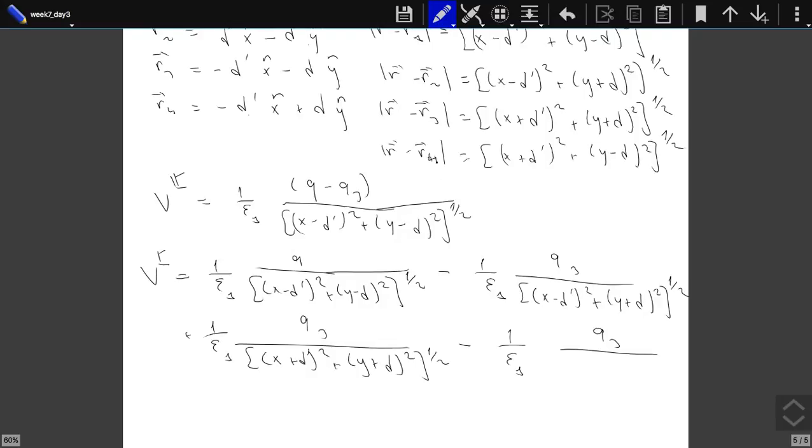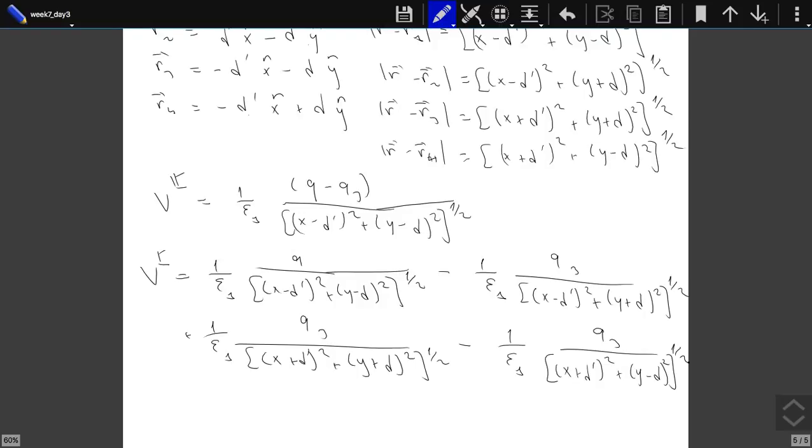This is 4. Okay, so these are the potentials at an arbitrary point.